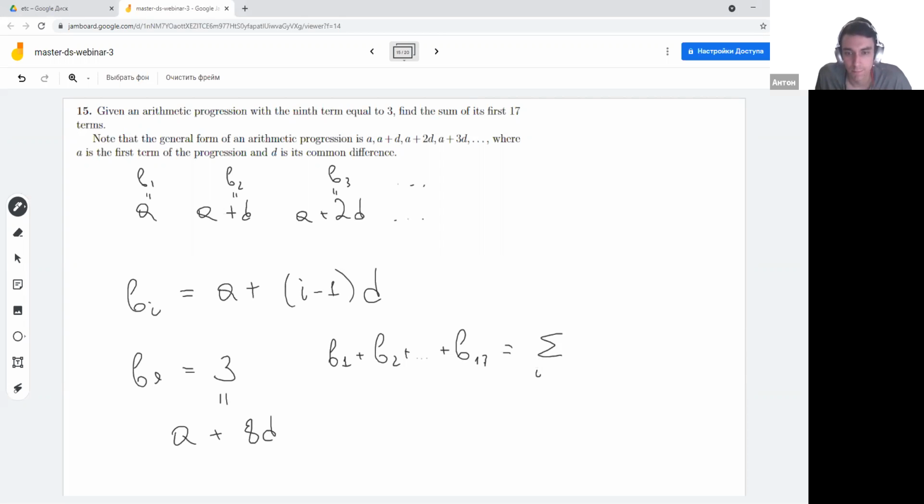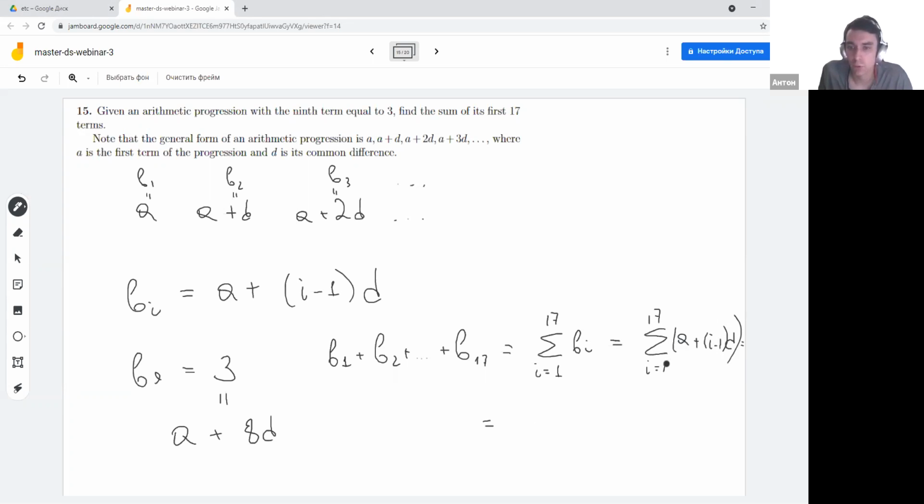It is the sum over i from 1 to 17 of b sub i, and then I can use the formula that I have for b sub i, which is a plus (i minus 1) d. You can see that the parameter i, which we are summing by, appears only here.